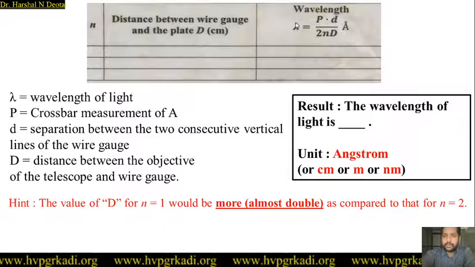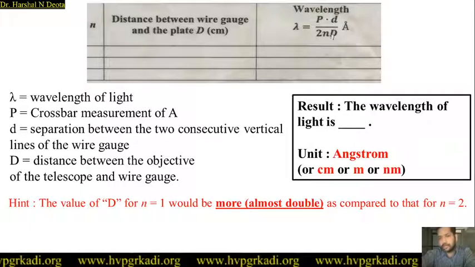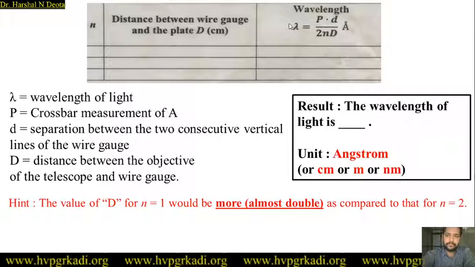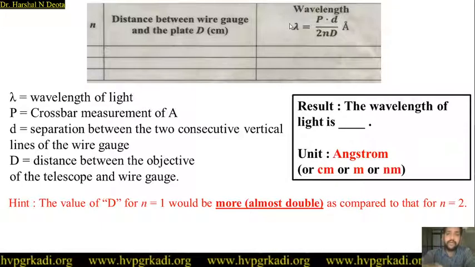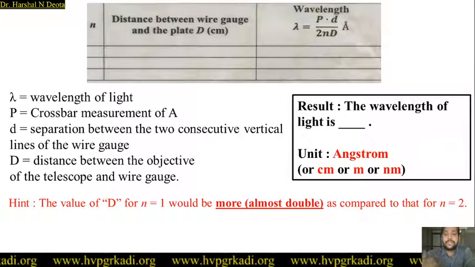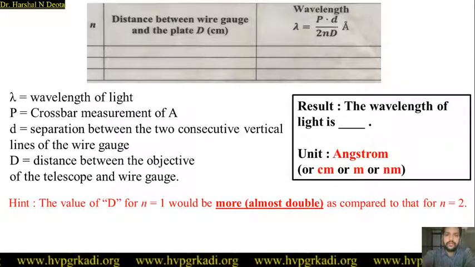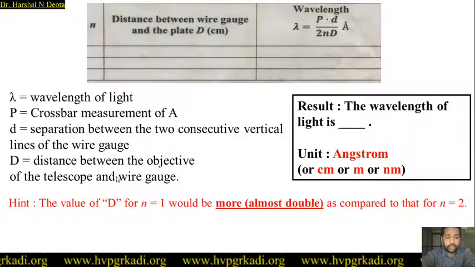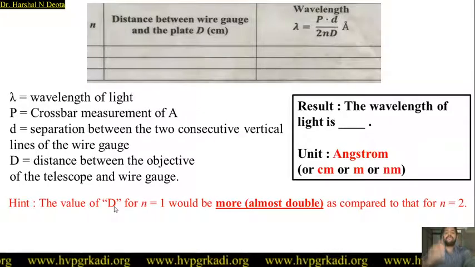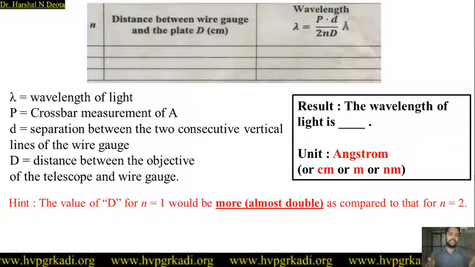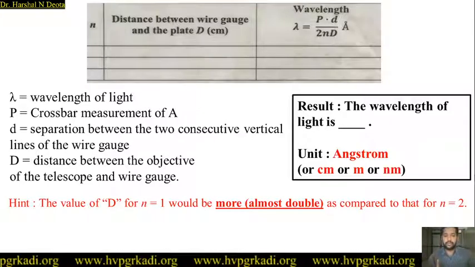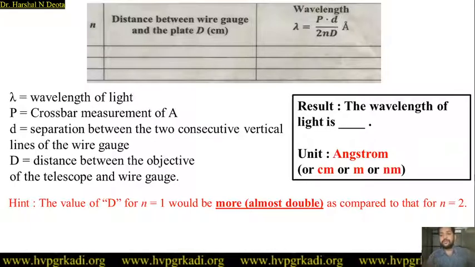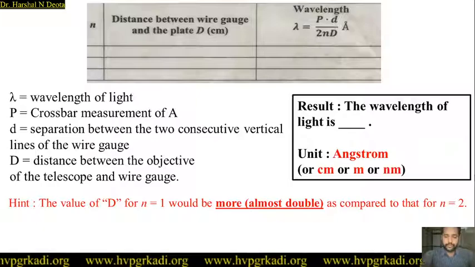You can place this in the denominator, and you can make d the subject of the formula. In this way you can verify whether your answer is correct or not. And whenever you get d1 and d2, you will observe that the value of d, the distance between the wire gauge and the Edser A plate, for the first order would be more, almost double, as compared to that of n equal to 2.